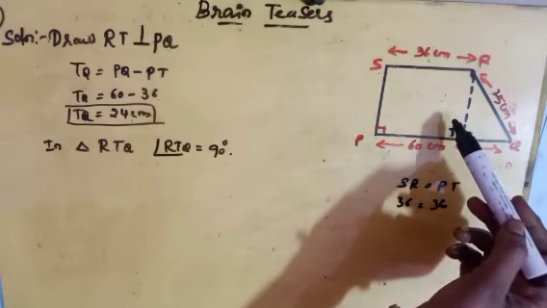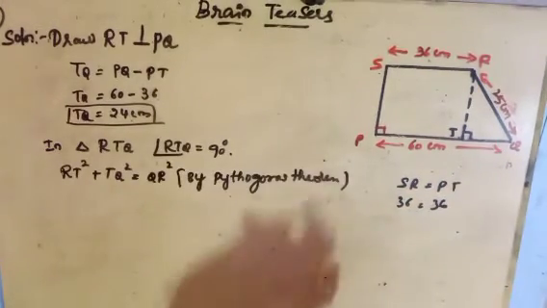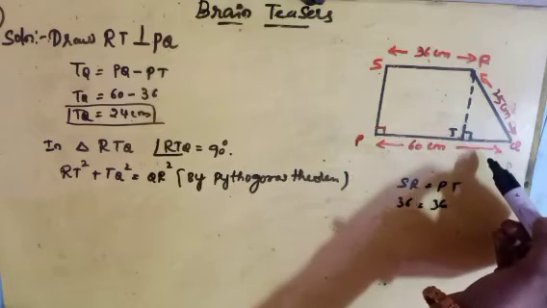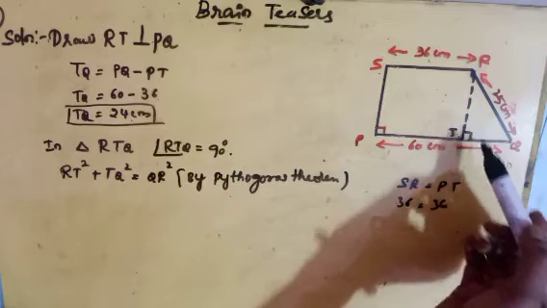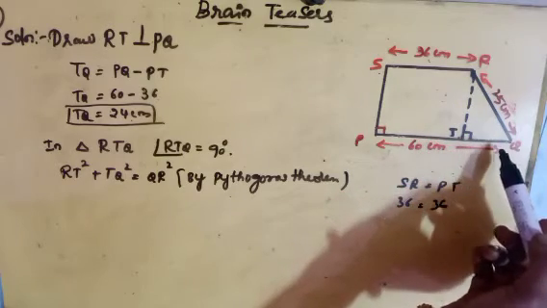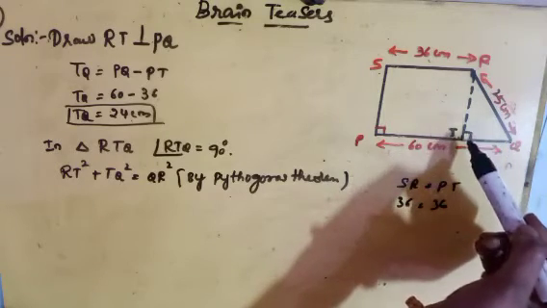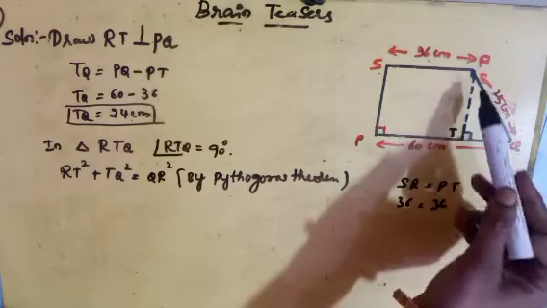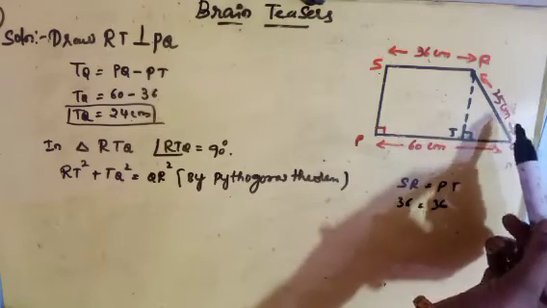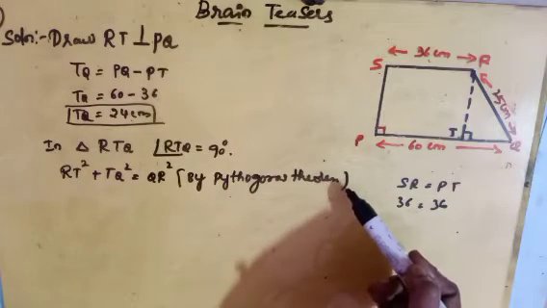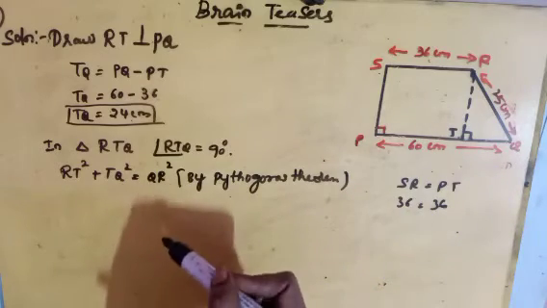The Pythagoras theorem tells us that the sum of the squares of the two sides is equal to the square of the hypotenuse. That means RT square plus TQ square equals QR square.